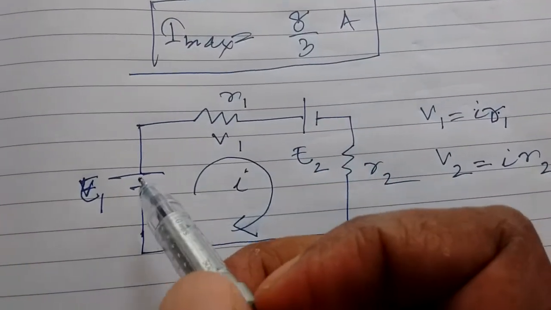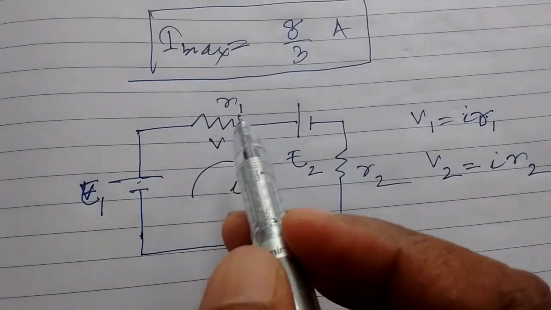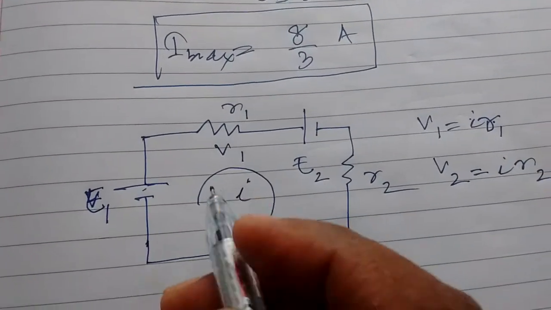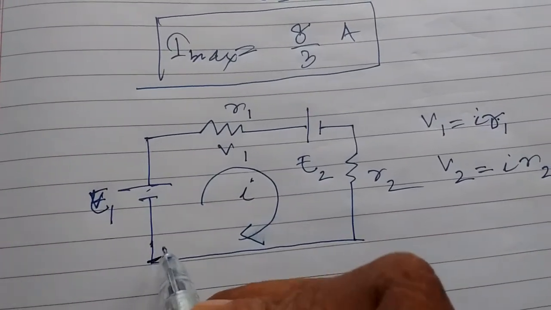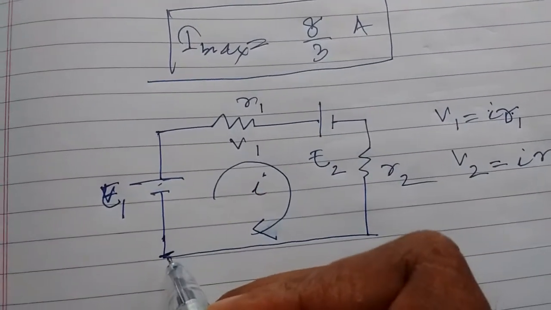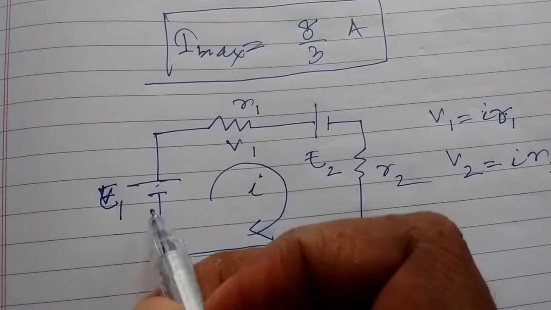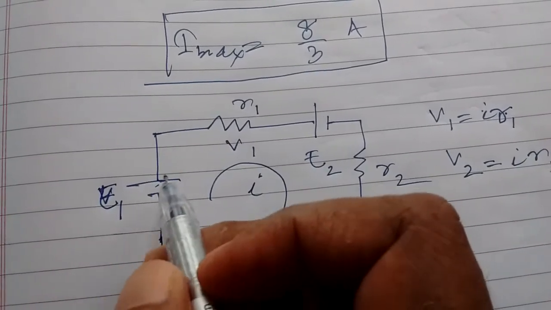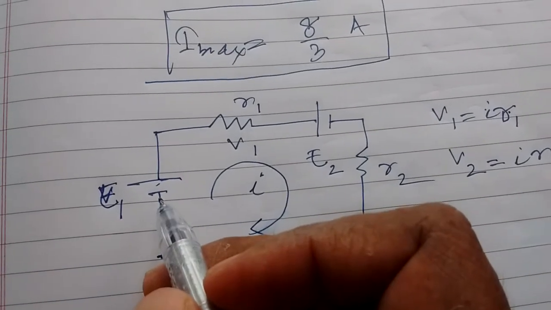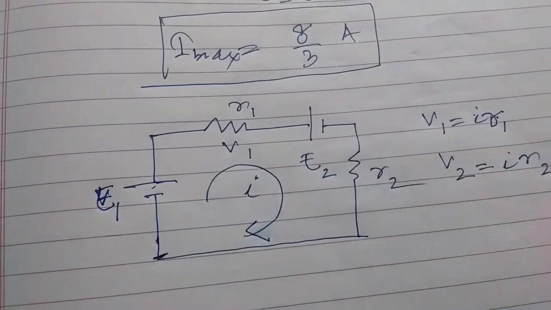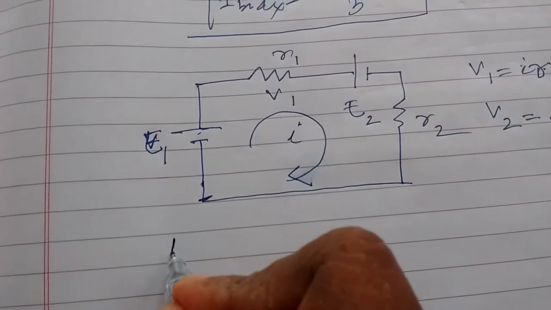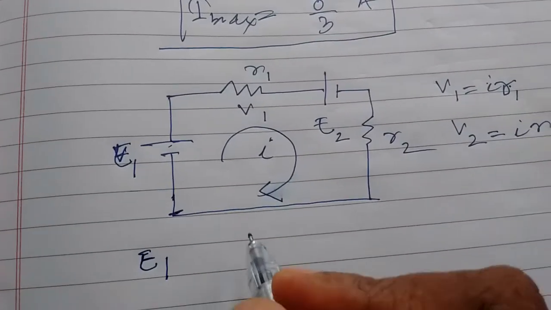Law says the sum of the potential differences or changes in potentials across the loop is 0. Now if you start from this point, by going like this you have to end up here. So if I start from here, first this potential change comes. Here it is a positive change because we are going from 0 to some higher potential, so I will simply write it as E1.